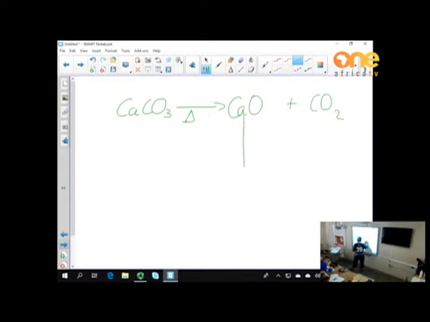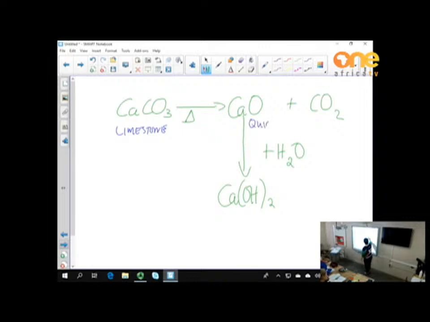If you take calcium oxide and you add it to water, we get calcium hydroxide. All right? This one is known as limestone. This one, quicklime, or just simply lime.